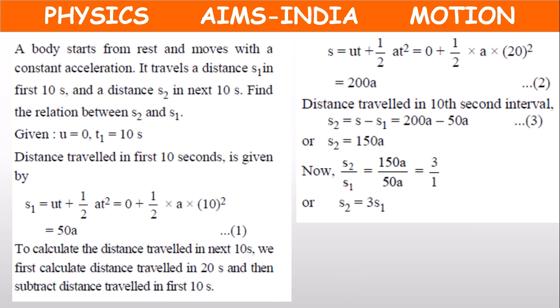So first we have to calculate the total distance traveled in the first 10 seconds and next 10 seconds. From that, we have to remove the first distance, so that the next 10 seconds distance will come. So let's calculate the total distance for 20 seconds. For that also, the formula will be same, but instead of T1, we simply take T, which is total time, 20 seconds. U value is 0.